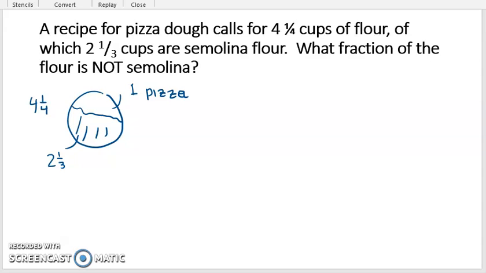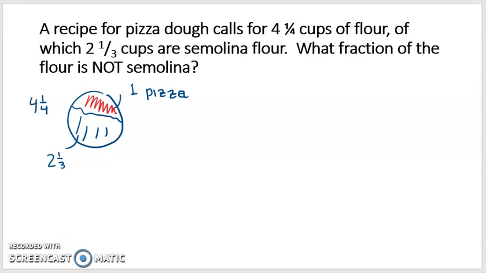Again, it's very helpful for kids in particular to see visual tools, a visual representation of the problem. This is the piece I'm looking for. That's the part that's not made of semolina. That's going to be the total amount, 4 1/4 cups, minus the portion that's semolina, which is 2 1/3 cups.